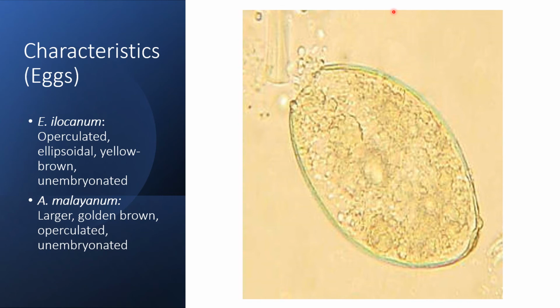E. elocanum eggs are considerably smaller than Fasciolopsis buski, because they tend to have similar characteristics. They are only slightly smaller, and some strains of E. elocanum produce eggs that overlap in size. That's why you can get confused with Fasciolopsis buski.